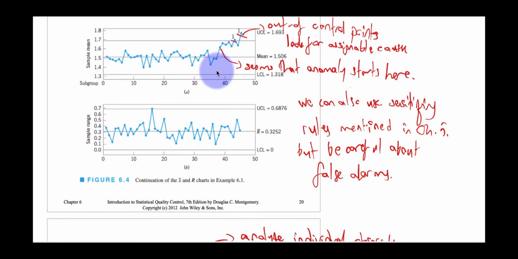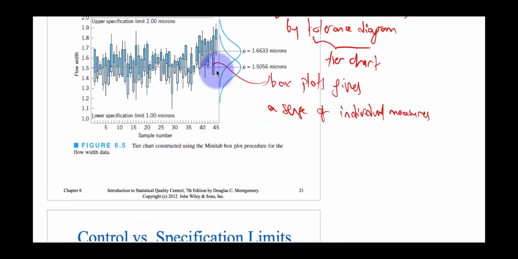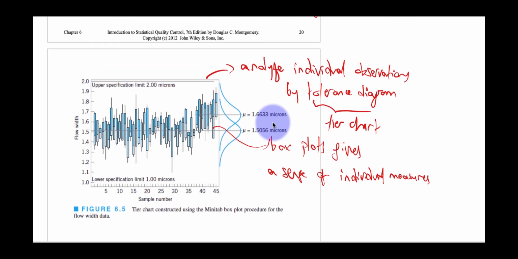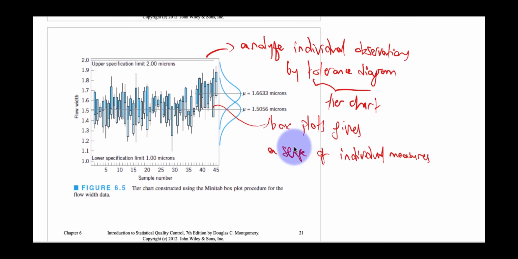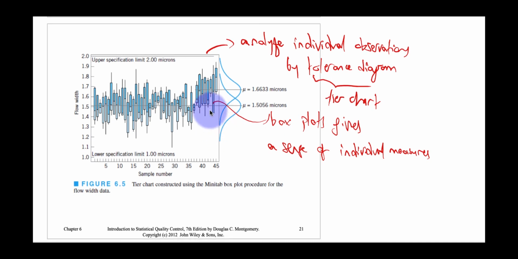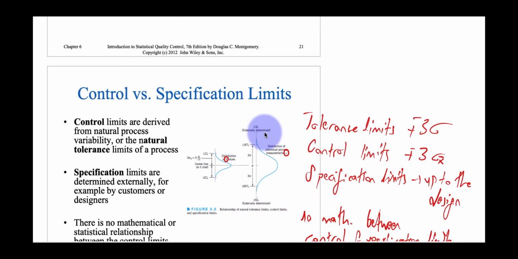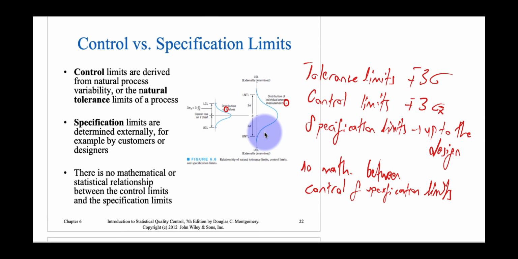So we can conclude that the process is going out of control after the 38th sample or so. Okay, so this box plot gives a sense of individual measurements, so we can detect these anomalies beforehand if we also use the tolerance diagram. It's a suggestion. Okay, you can use this tolerance tier chart alongside the X-bar and R control charts.